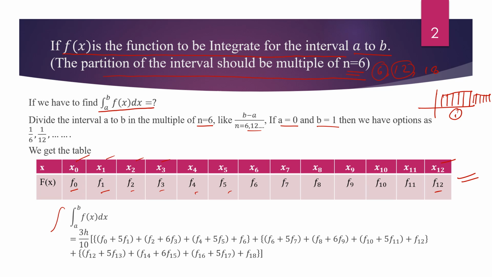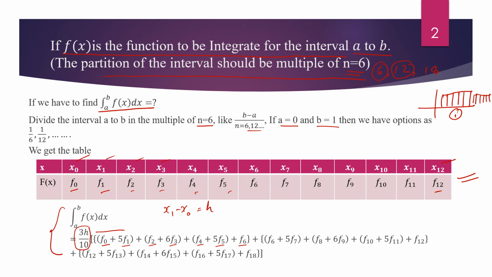So by using the Weddle formula, the integration from a to b of f(x) dx is equal to 3h upon 10, where h is the equal interval, x1 minus x0 is equal to h, into f0 plus 5 f1 plus f2 plus 6 f3 plus f4 plus 5 f5 plus f6.